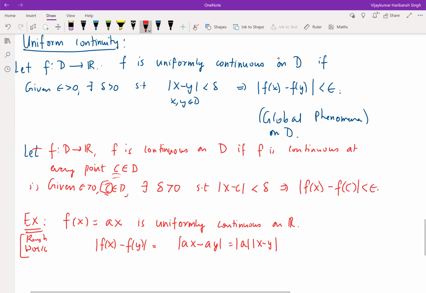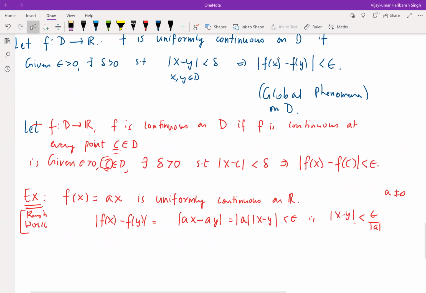Without loss of generality, a is not 0. If a is 0, then it's uniformly continuous right away, since any epsilon and delta will work. So we want this to be less than epsilon, that is, |x - y| is less than epsilon by |a|, assuming that a is not 0. So this should be our choice of delta.